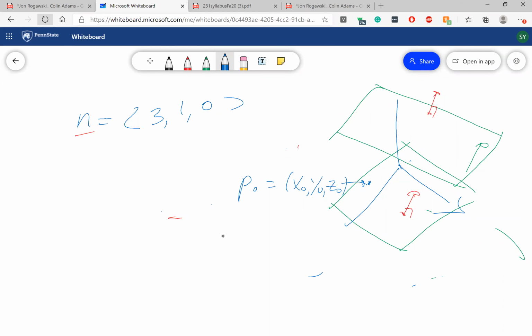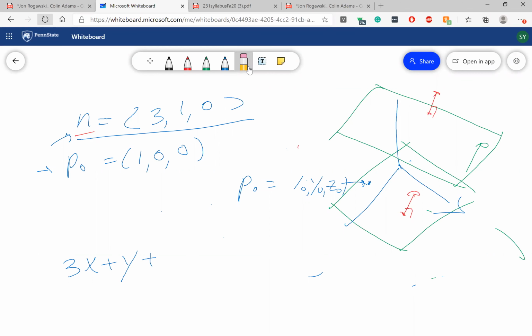So if I gave you this normal vector, and then I gave you the point P0, and I said P0 is going to be the point 1, 0, 0, and then I said, okay, find the plane with this normal vector containing this point? Well, you're going to know immediately that the plane is going to look something like 3x plus y plus 0z, so plus 0, no z, is going to be equal to d.